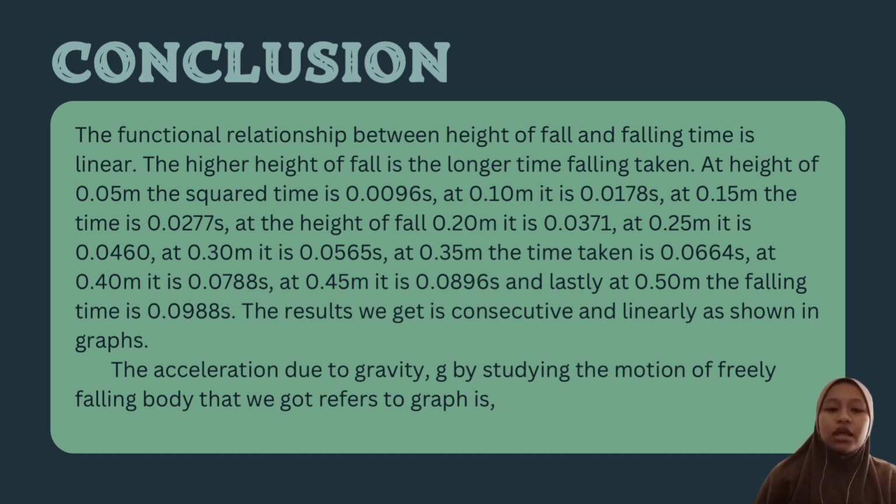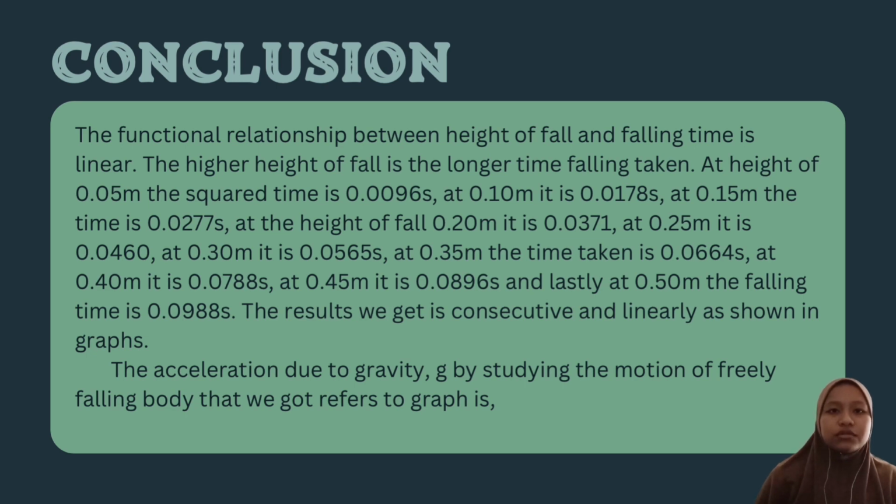At the height of fall 0.20 meter, it is 0.0371 seconds. At 0.25 meter, it is 0.0460 seconds. At 0.30 meter, it is 0.0565 seconds. At 0.35 meter, the time taken is 0.0664 seconds.